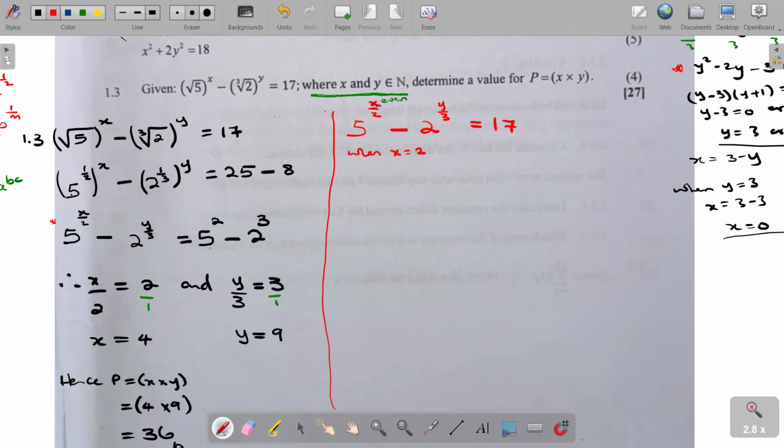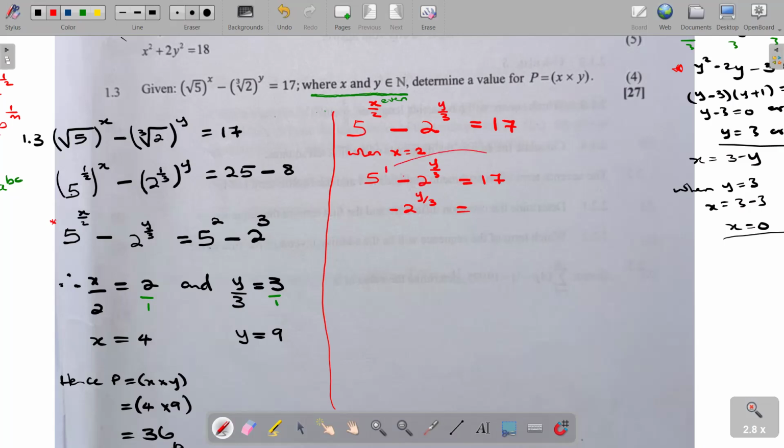If we substitute 2 over 2, we're going to get 5 to the power 1 minus 2 to the power y over 3 equal to 17.